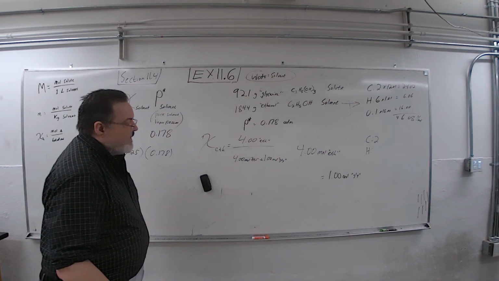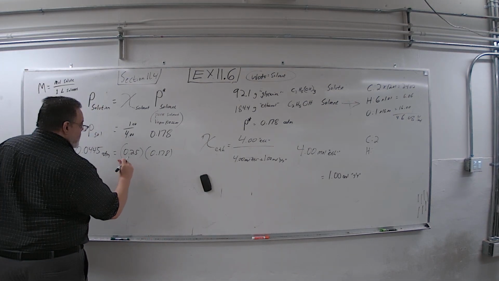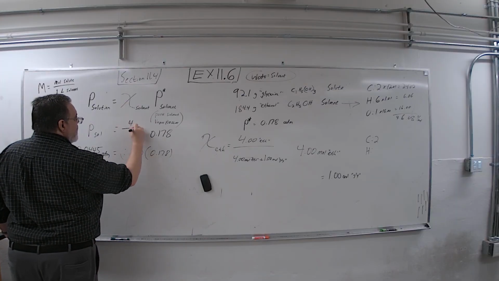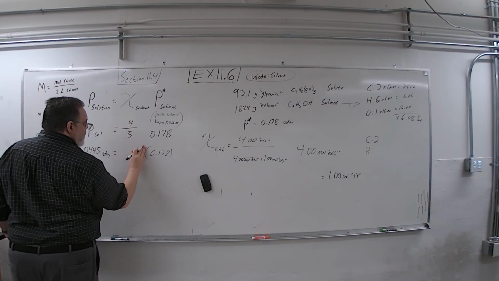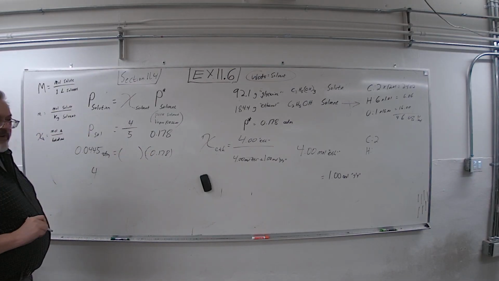So it's 5 on the bottom and 4 on the top. What's 4 divided by 5?